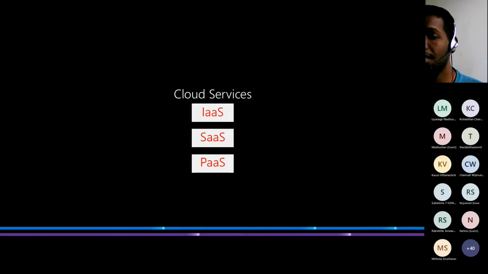That is basically platform as a service. We will look at each of these in the demo, how they are implemented in real time in the cloud.